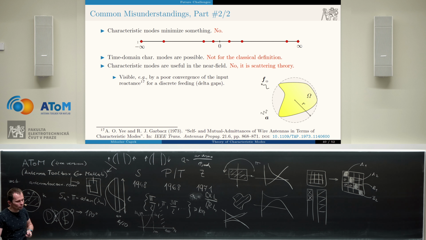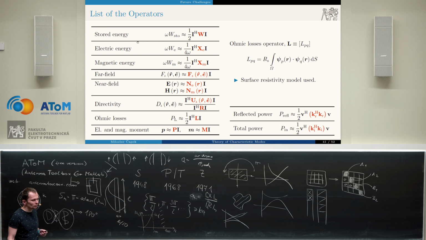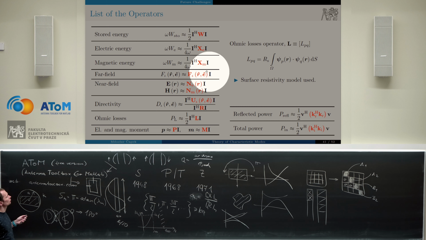And therefore, we should be extremely careful with calling them characteristic modes. They could be, for example, natural modes for our structure. But that's it.